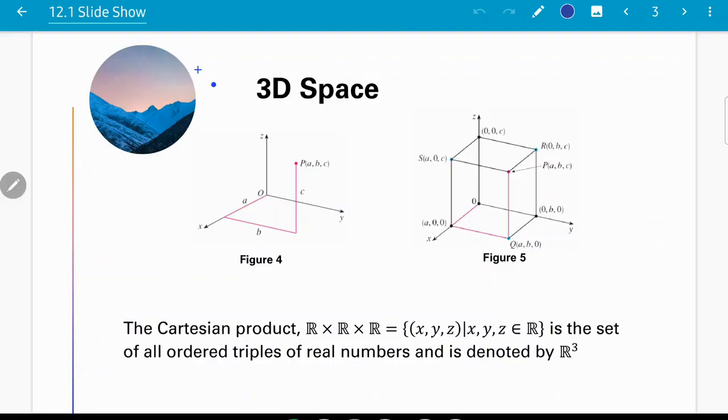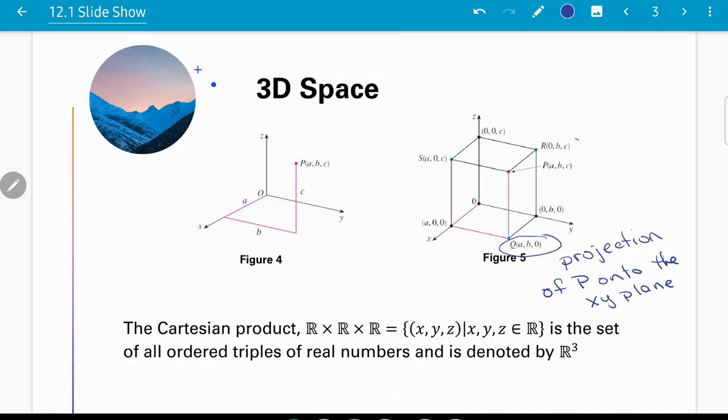The point then determines a rectangular box, as shown in Figure 5. If we drop a perpendicular from P to the xy plane, we get a point Q, with coordinates a, b, 0, which is called the projection of P onto the xy plane.